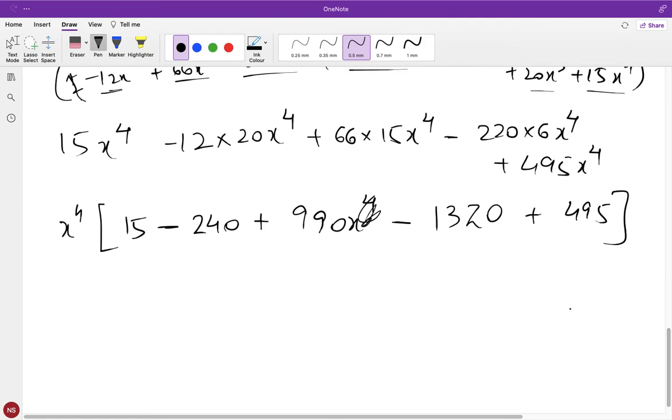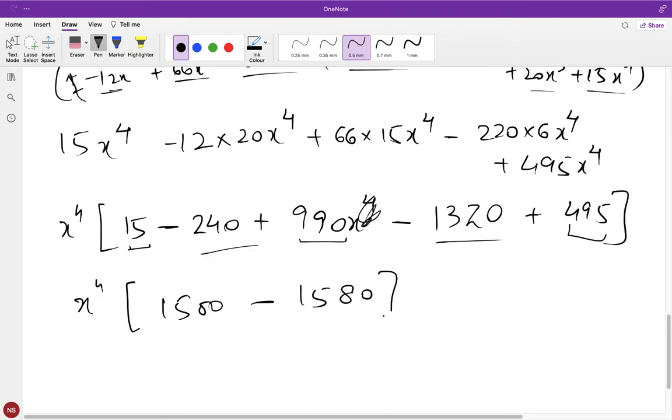A lot of work. 15 plus 495 is what? 510. 510 and 990 is what? 600 plus 900, 1500 minus 1580, I guess. Yeah. So minus 80x⁴.